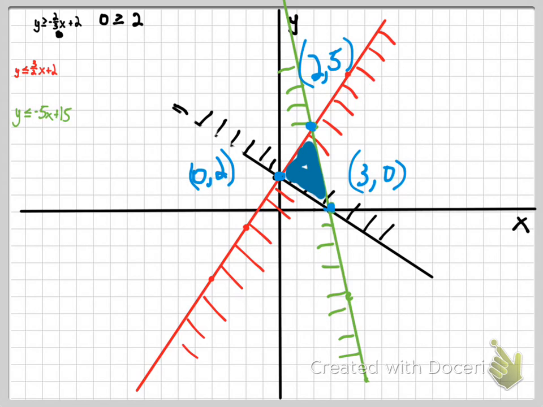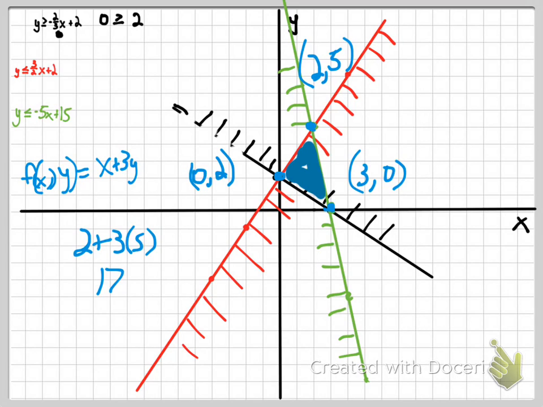Anyway, so take these highest values. Remember we had that f of x, y is equal to x plus 3y. We would take our highest point and our lowest point. The highest point is 2, 5. So our x value is 2, our y value is 5. We would have 2 plus 3 times 5, or 17.